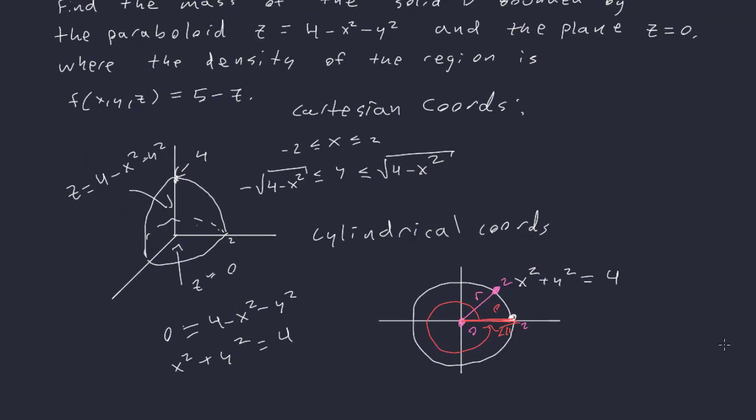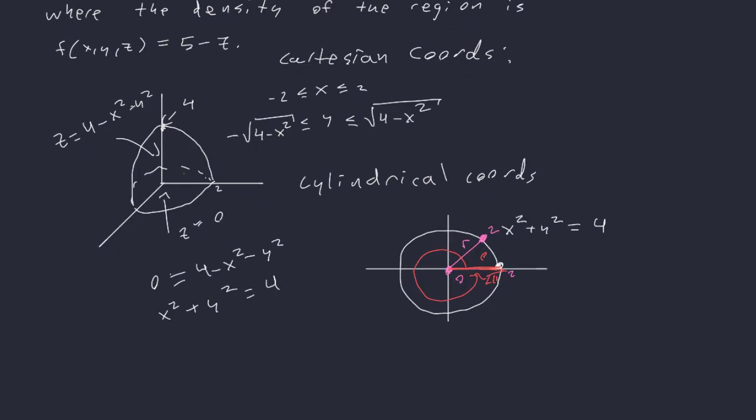Well, let me write: our r goes between 0 and 2, our theta goes between 0 and 2 pi, and our z, well, we know z is trapped between 0, so the 0 is not going to change, and 4 minus x squared minus y squared, which I could write, if we factor out the negative, as 4 minus (x squared plus y squared). Okay, well that is r squared.